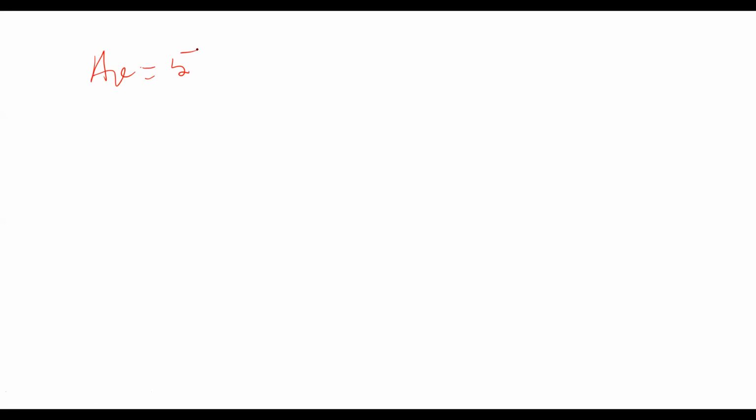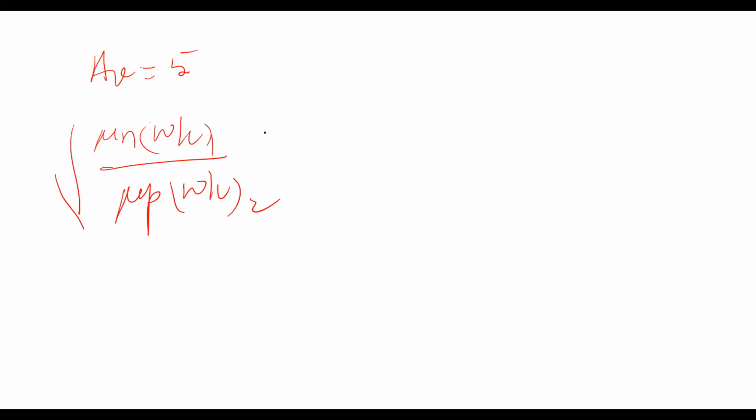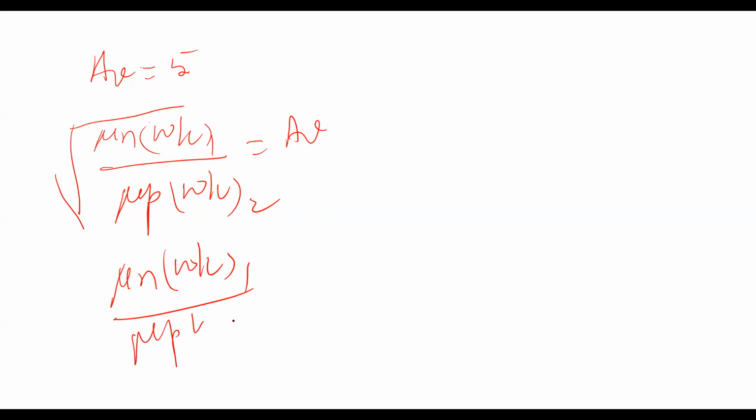Mu n W by L of 1 over mu p W by L of the second device, whose square root is equal to AV. Am I correct? This AV value is 5, so mu n W by L of 1 over mu p W by L of 2 is equal to 25.